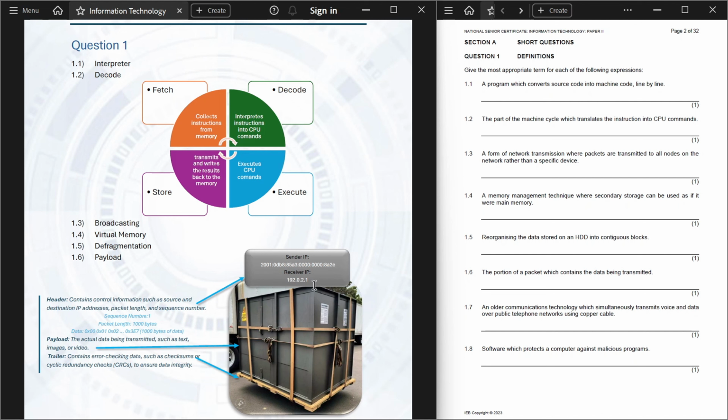Now, as the person is downloading the video, the header and the trailer would practically be the same, because the sender IP address and the receiver IP address are the same, and the error checking protocol would probably be the same. So now the only difference would be the payload. Assuming that each packet transmits 2 or 3 seconds of the video, every single packet would have its own unique header sequence number.